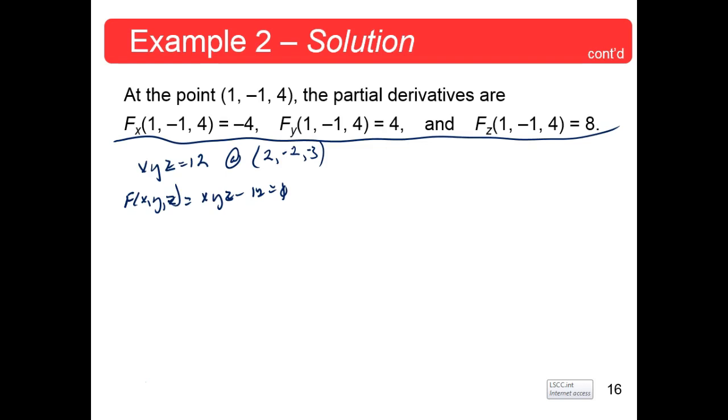So it says find a set of symmetric equations for the normal line to the surface at that point. So what might we do? Take the partials. In other words, find the gradient. That's the best way to say this. The gradient of f, and that's going to be a vector, at x, y, z is equal to what?